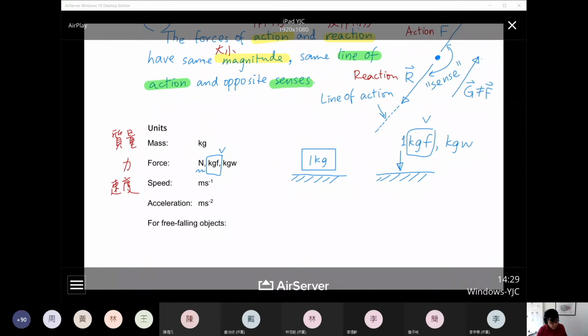For those who can, go to the meeting chat. For speed and acceleration, we have this kind of symbols, this kind of units. So how should we say it in English? Of course, you can also turn on the microphone if you want to. Any idea? I hear somebody turning on a microphone, but I don't know who.